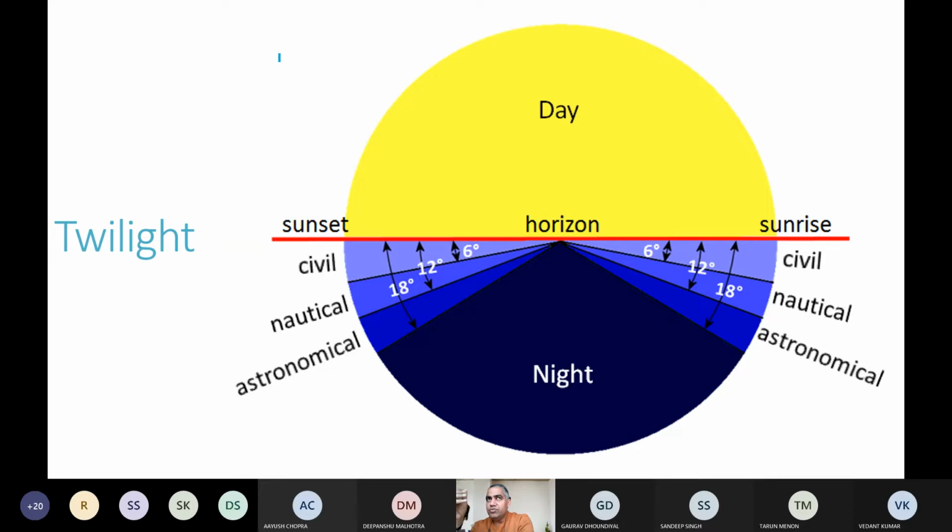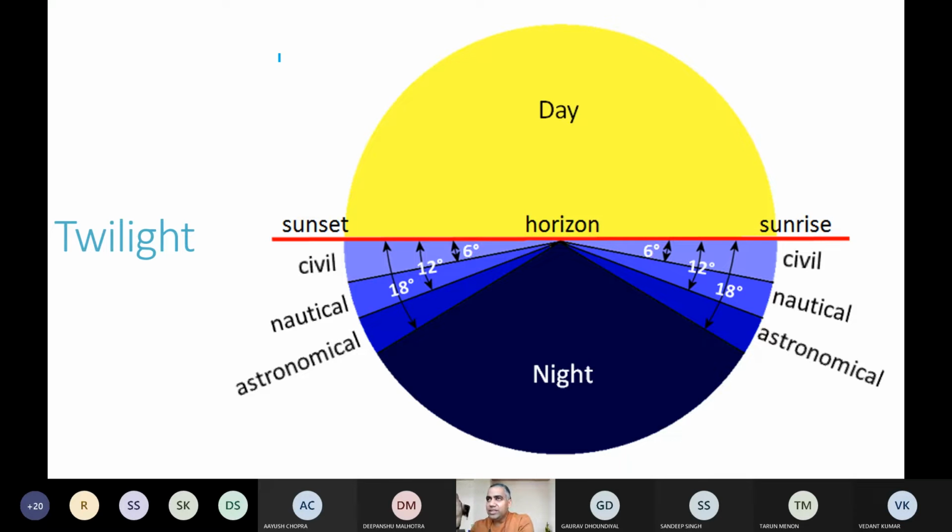When the sun has set, we do not receive any direct light from the sun, but the atmosphere is still illuminated. Now, after sunset, as the sun keeps going down and down from our horizon, we cannot see the sun now. The sun has already set. But as it keeps going down, the light starts to slowly decrease. And it takes some time for it to become pitch dark. Now, this light which we receive from the sun after sunset or in the morning before sunrise is known as twilight.